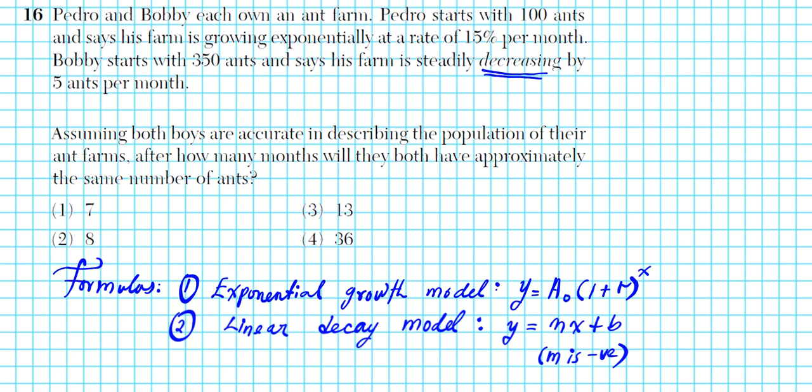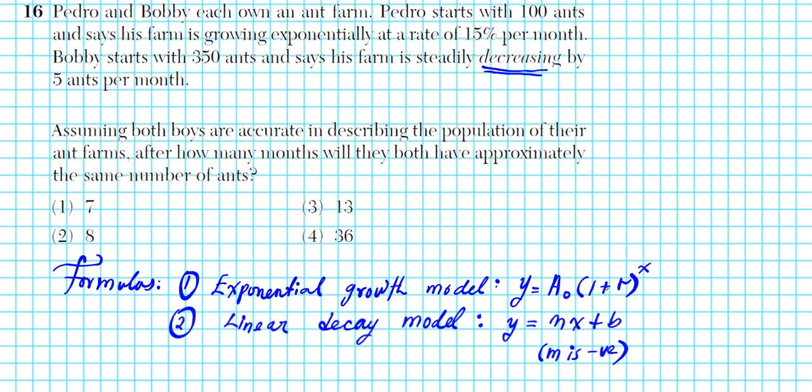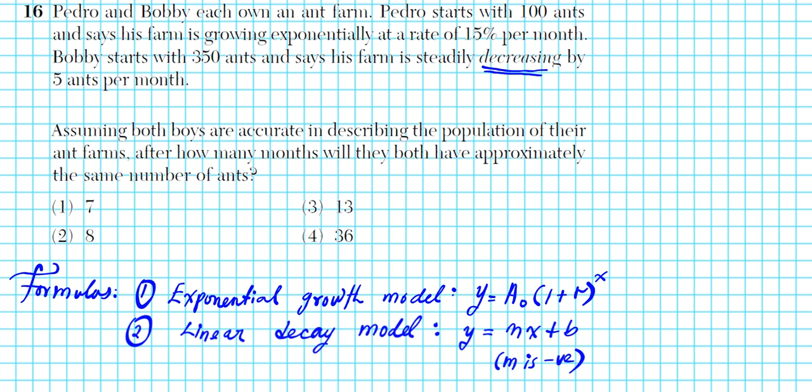Okay, so let's write down the relevant components for both situations, and then we can determine the particular x value where they have exactly the same number of ants. We're going to start with Pedro's situation.